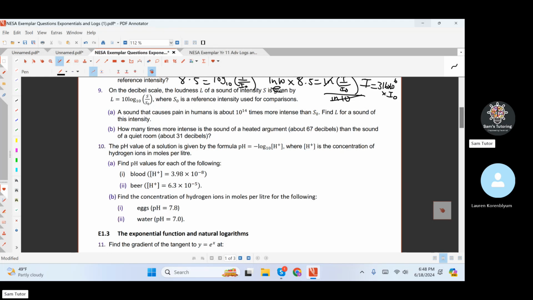A sound that causes pain in humans is about 10 to the 14 times more intense than S naught. So what does S equal to?